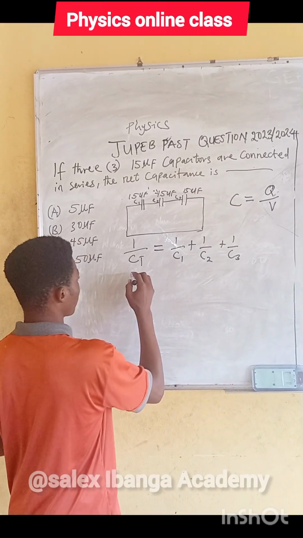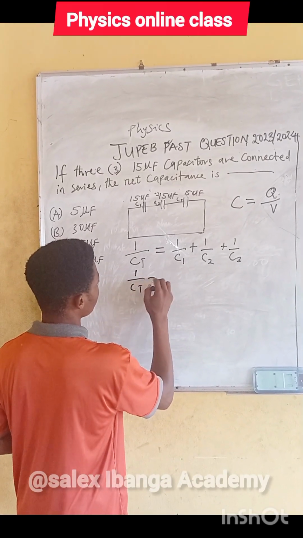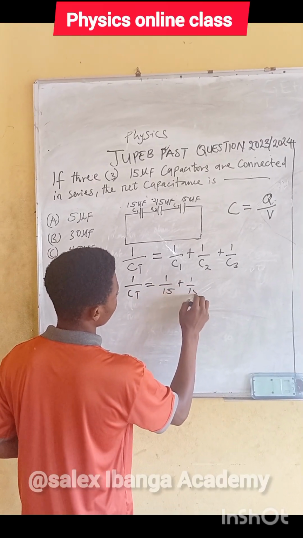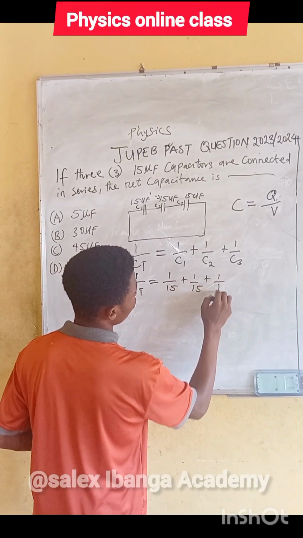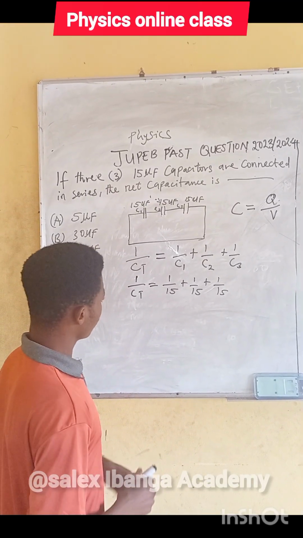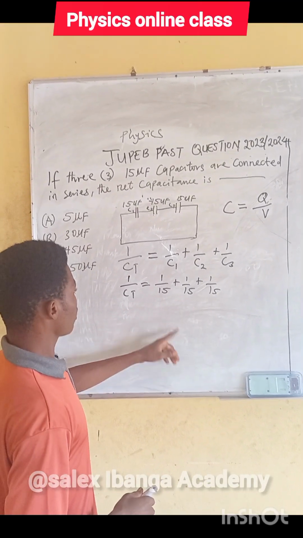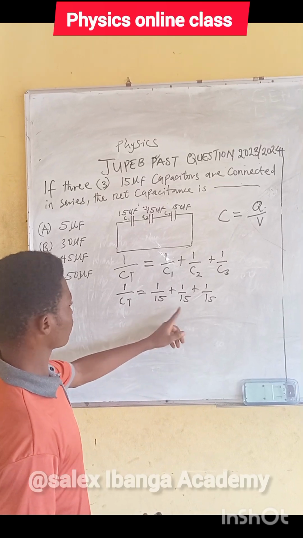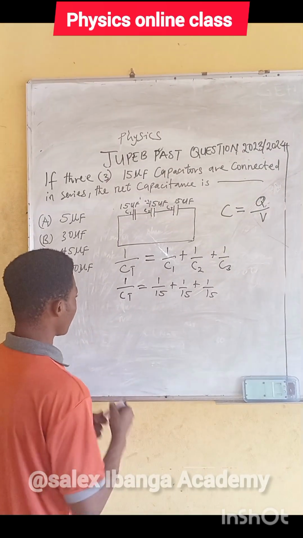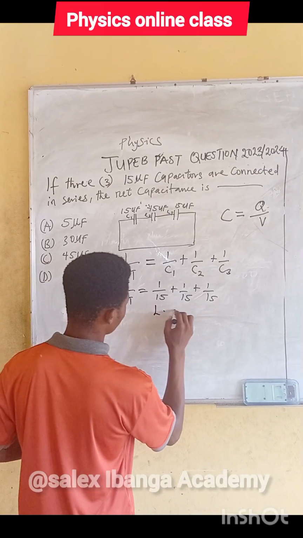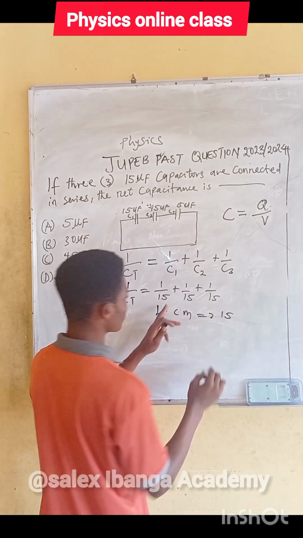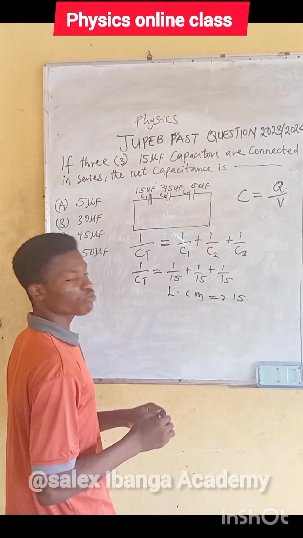So 1 all over CT is 1 all over 15 plus 1 all over 15 plus 1 all over 15. Since everything is 15, the LCM is 15, because what we have at the denominator is 15.